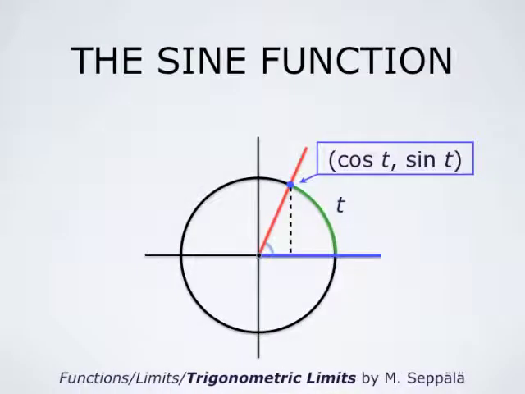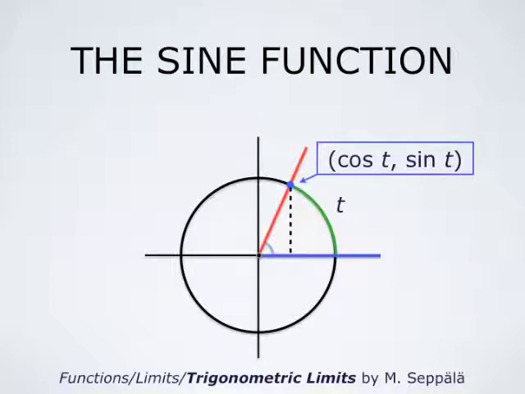Let us take a closer look at what these definitions really mean. Cosine and sine were defined as the x and y coordinates of the blue dot indicated here in this picture. The angle is measured in radians, so the size of the angle in the picture is the length of this green circular arc joining the blue dot to the x-axis.